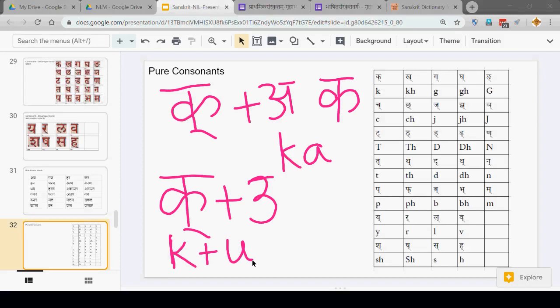So I hope you are familiar with the Devanagari script by now. The first sound is just the consonant part k, and then there is a vowel part u. So when we combine these two sounds, then it sounds like ku, right? Ku.